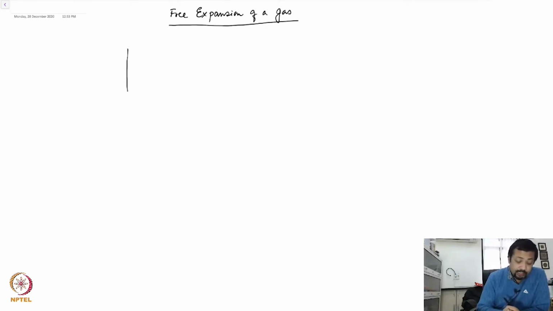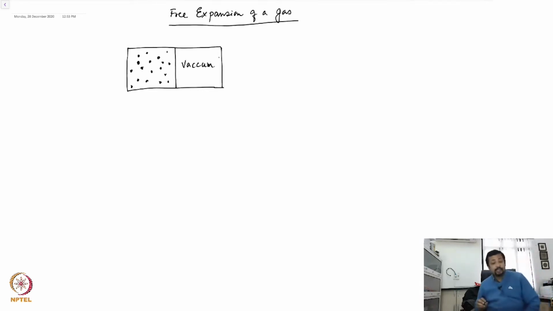So consider that I have a chamber which I have partitioned into two halves, and in this half I have the gas particles which are contained over here. The other side, this part, is vacuum. There is no heat exchange allowed, and what you do is you break this partition.